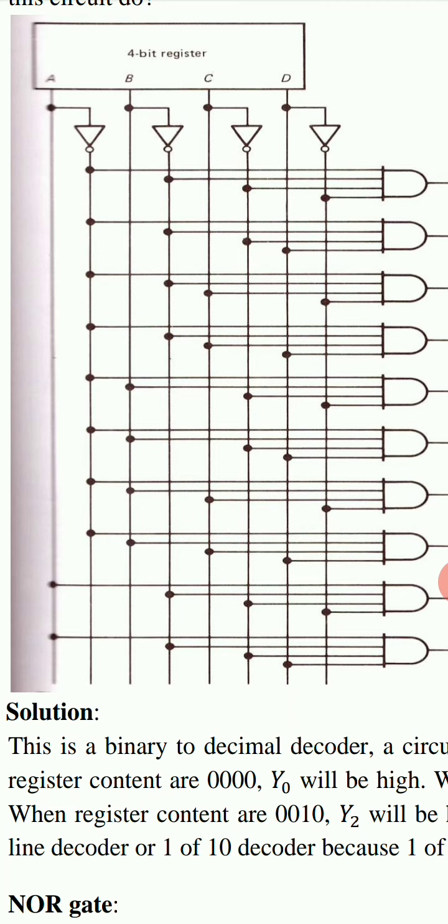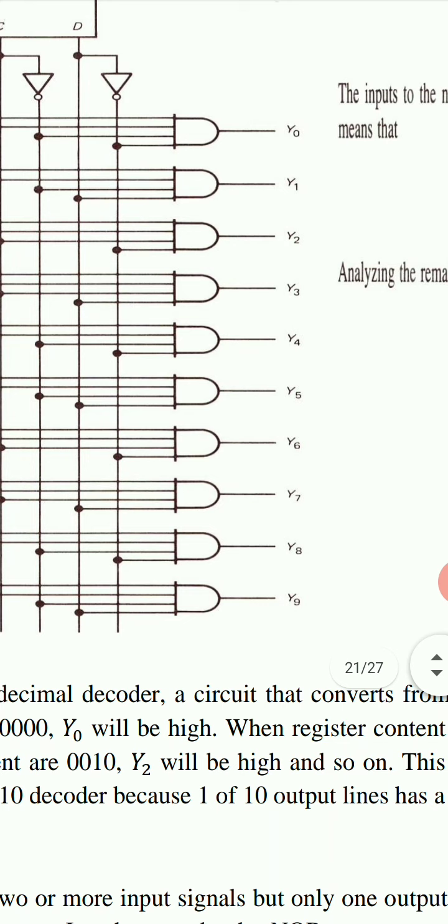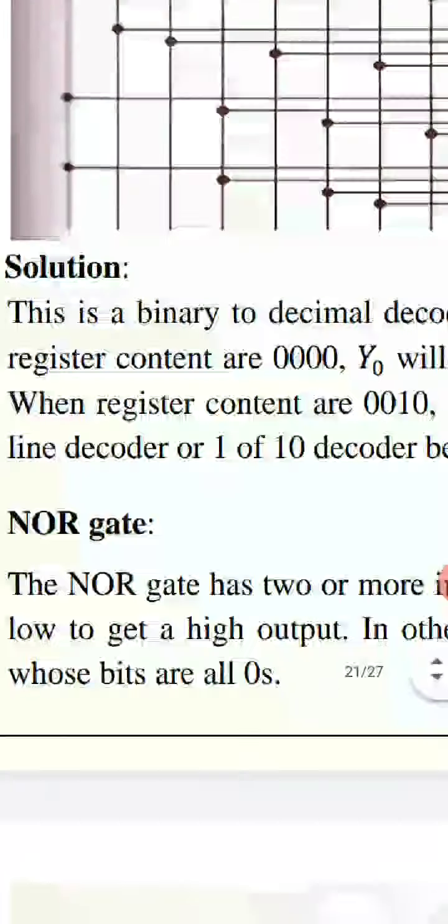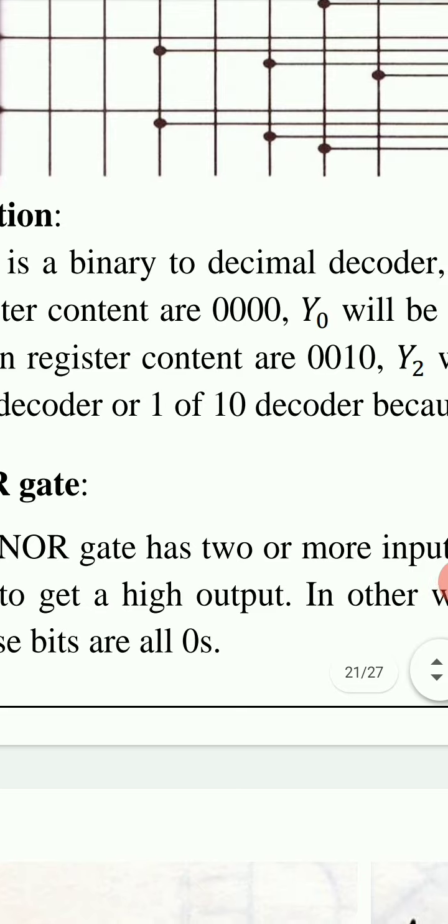If the input word corresponds to decimal number 8, y8 will be high and all other outputs are 0. If the input word corresponds to decimal number 7, then y7 is high. Such a circuit is known as a binary to decimal decoder.